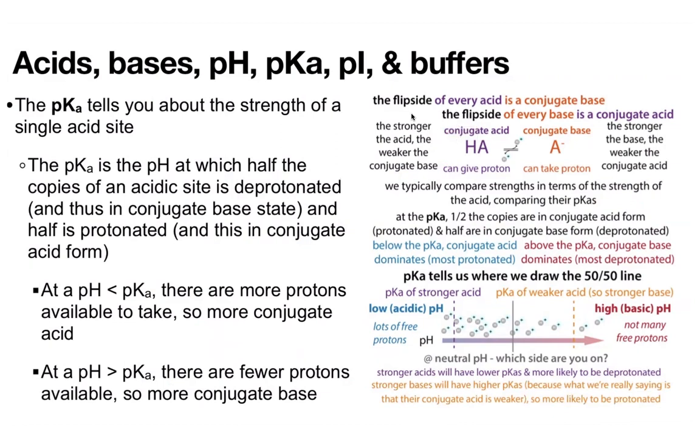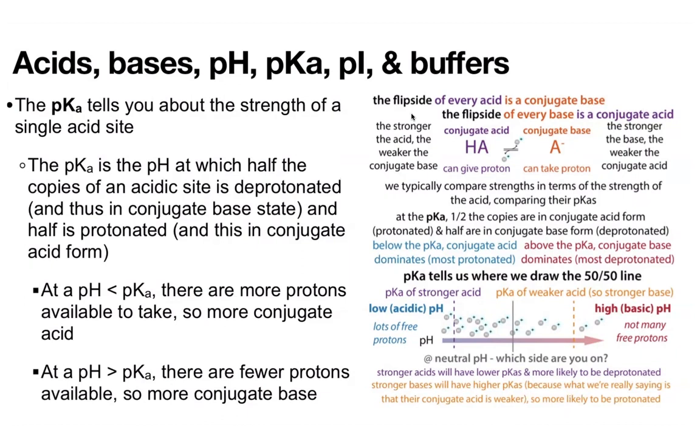But remember that our HA can actually be positively charged and the base can be neutral, or the base can be negatively charged and the acid can be neutral. So the pKa doesn't directly tell us about charge, but it does tell us about the ratio of protonated to deprotonated. Remember that at a lower pH, you're going to have more protons available, things are more likely to be protonated.